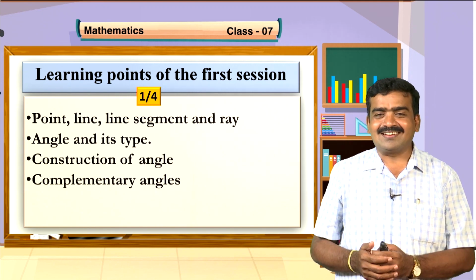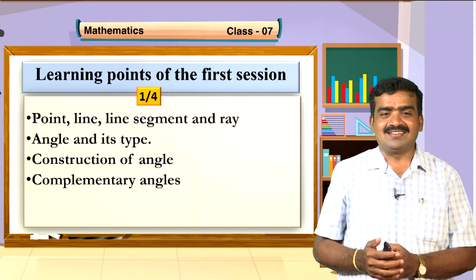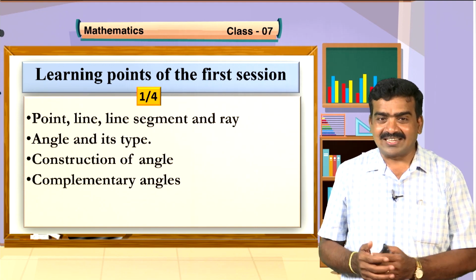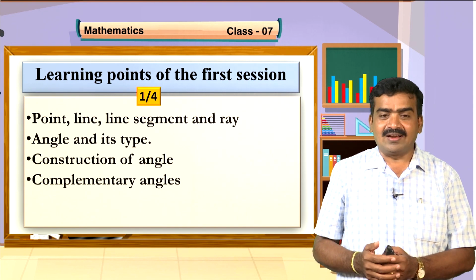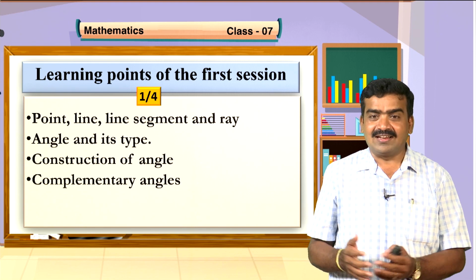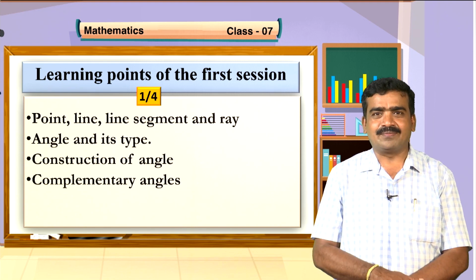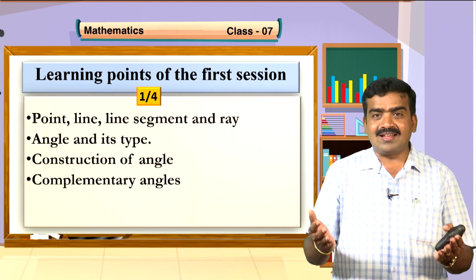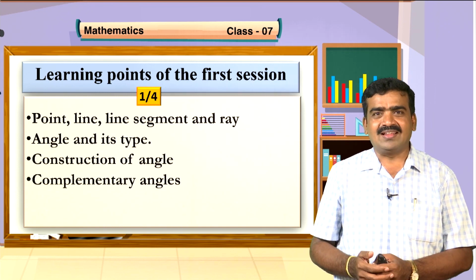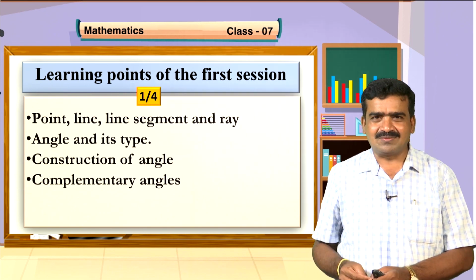Point, line, line segment and ray you are going to learn in detail, and about angle and its types, and also you are going to learn about construction of angles, and also at the end you are going to learn about complementary angles.